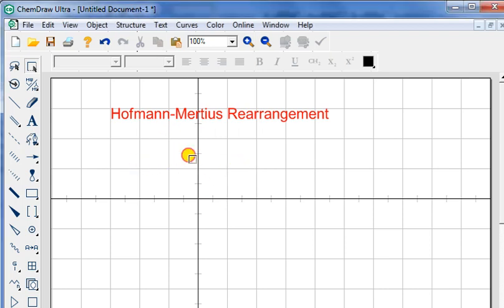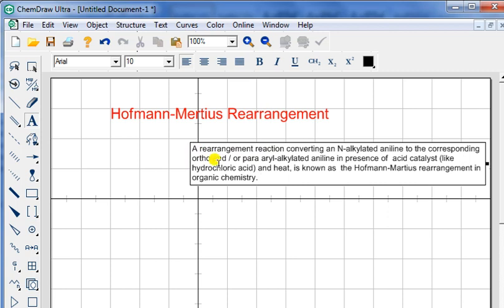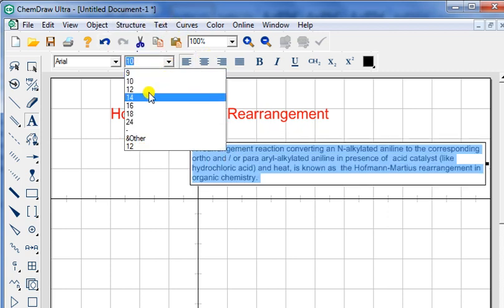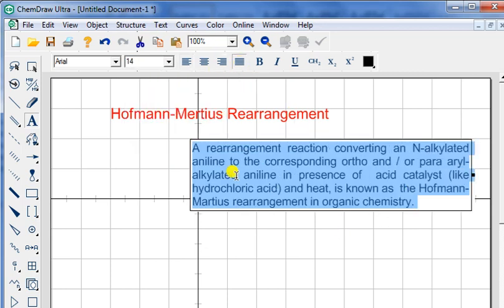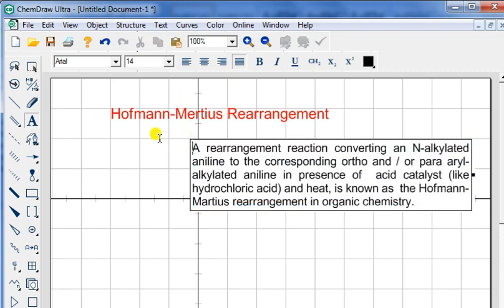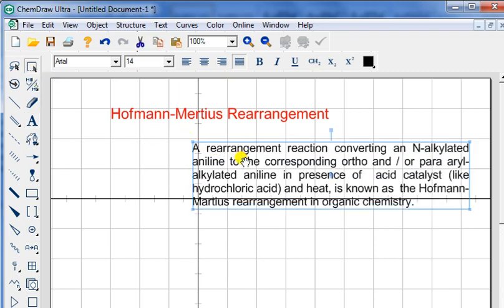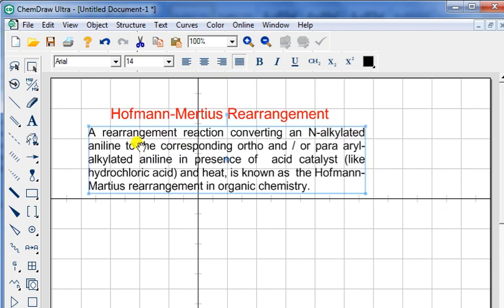So let's take the Martius reaction. Let's see what the reaction is. This is a rearrangement reaction in presence of acid, hydrochloric acid.